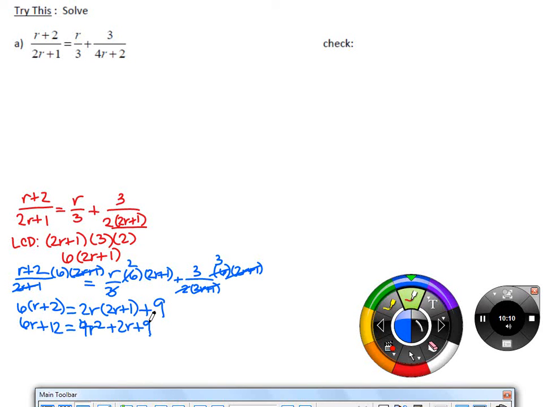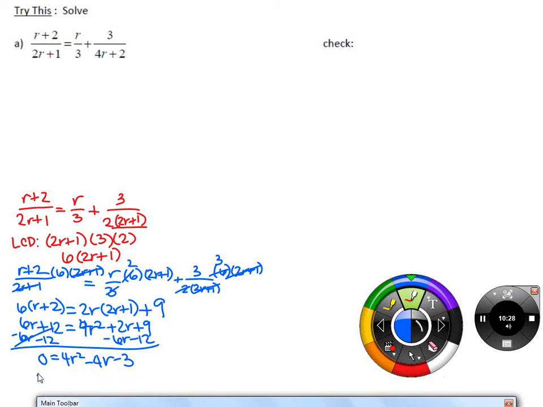And again, I have a quadratic, so I'm going to move all the terms to the same side of the equation to attempt to solve this. So I'm going to have 4r squared minus 4r minus 3. And so again, whatever method you choose to use for factoring is what you want to do here.